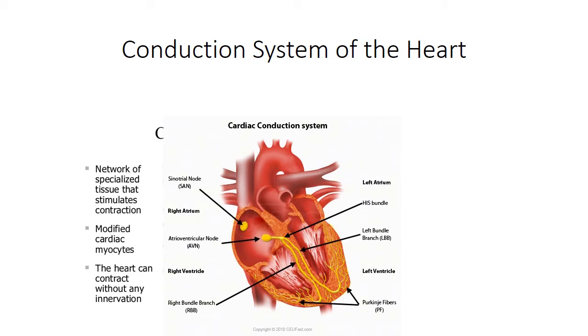To find this out, he took the heart of a frog and cut it into smaller and smaller pieces, placed each piece in a solution which contained various salts, importantly calcium. Calcium was very important for this. And he watched that these pieces of heart continued to contract outside of the organism.